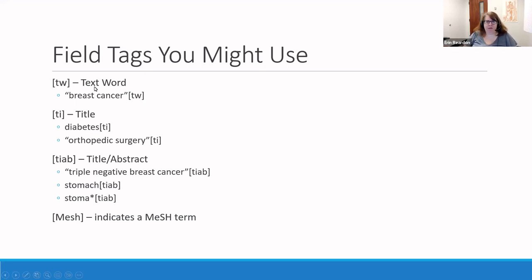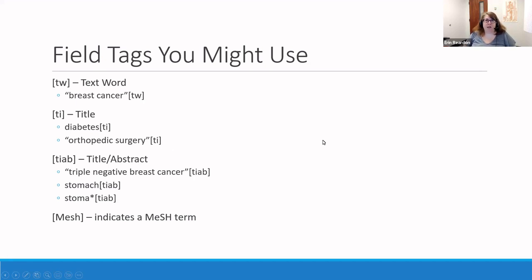TW is for text word. This is probably the most common one to use. TW looks in a lot of the fields that you see, but not in author names, author affiliation fields, or the journal title. You might want to look for words only in the title, like diabetes or orthopedic surgery only in the title of an article.